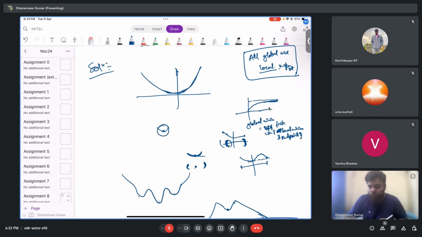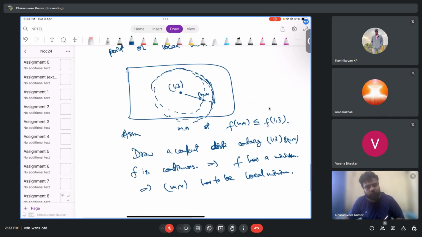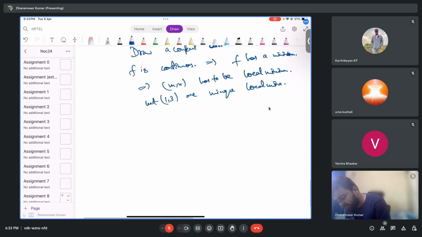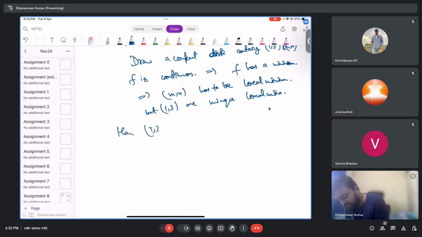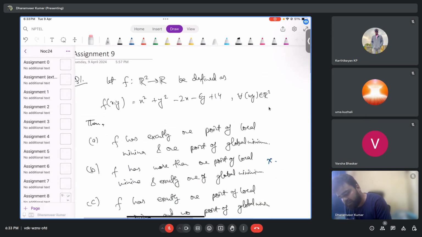In that case, a global minimum is definitely a local minimum. (m, n) has to be a local minimum, hence this is how you have to prove it. Hence (1, 3) is the global minimum. And then okay, this is correct, this is wrong.